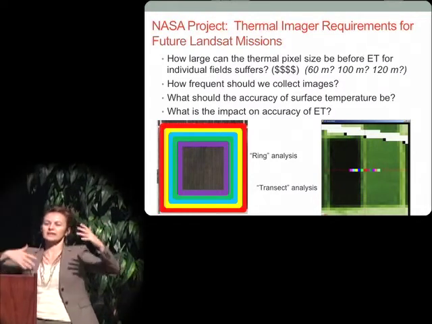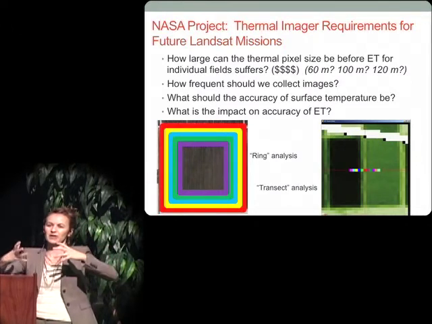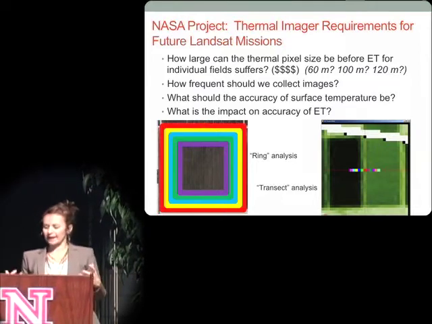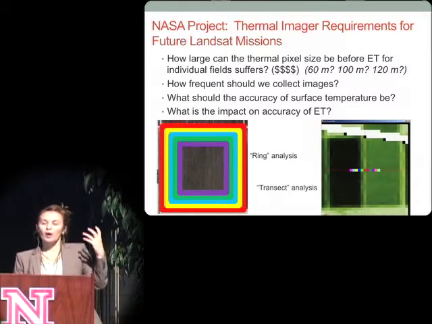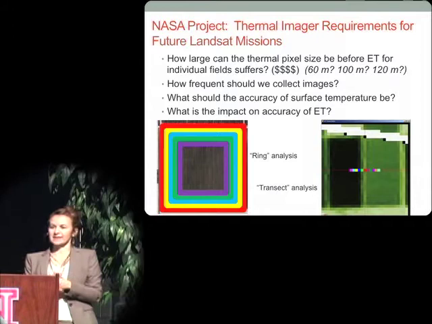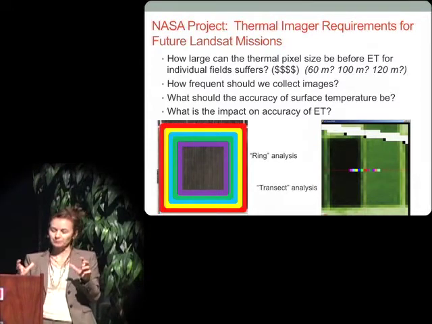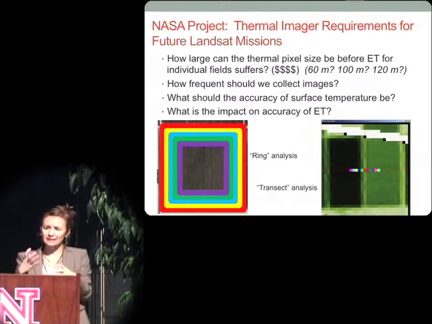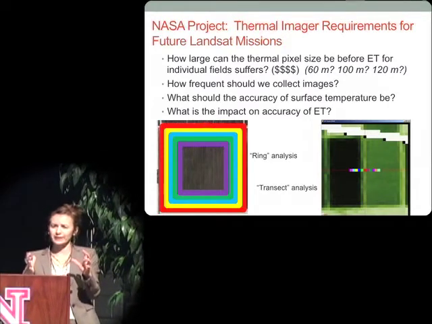So it comes down to the budget, how much money we can save. And one question they had is, how large can the thermal pixel size be, so that we don't lose accuracy in ET when we look at the individual fields.